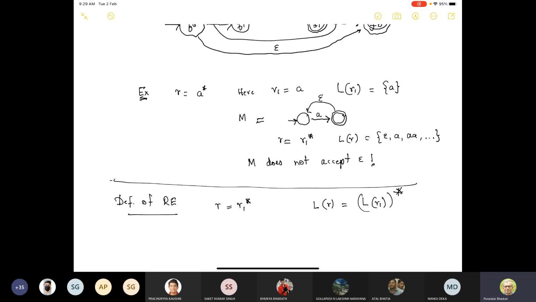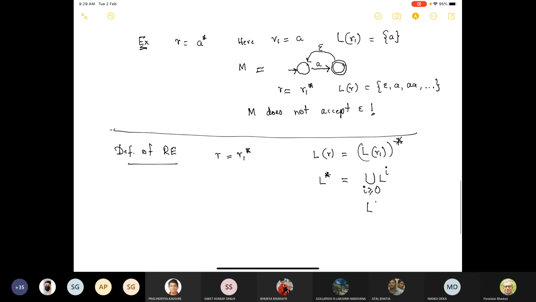of regular expressions. And by definition, L star is the union of all Li, where i ranges over the natural numbers. So you can either write i belongs to N or i greater than or equal to 0. Okay. And L0 is just epsilon.